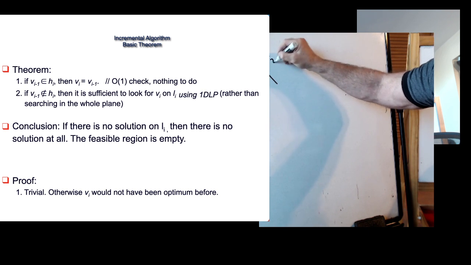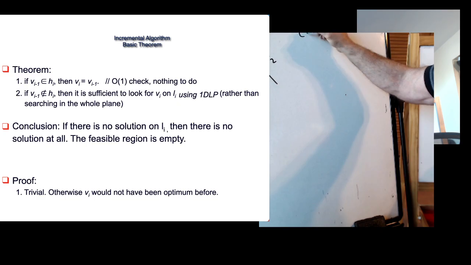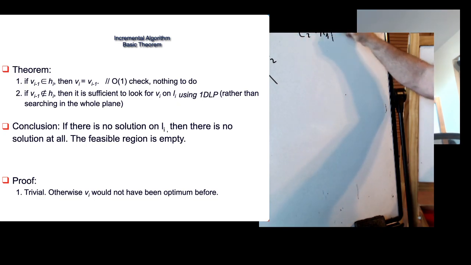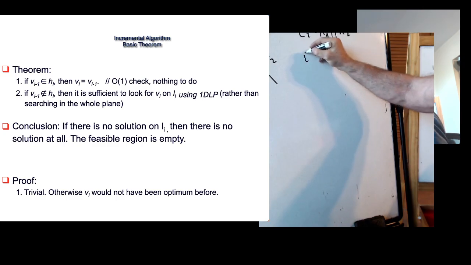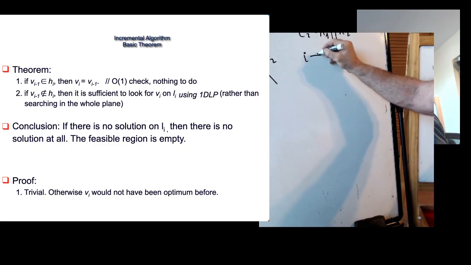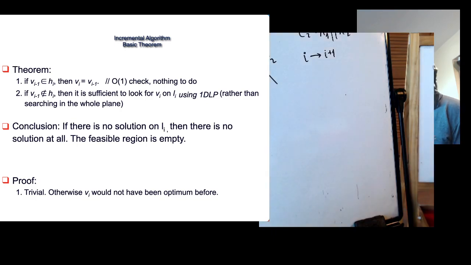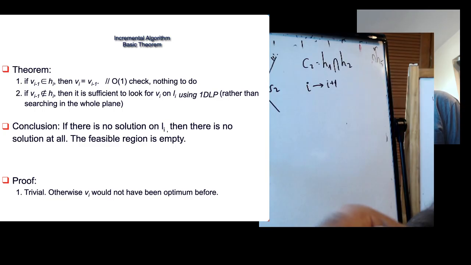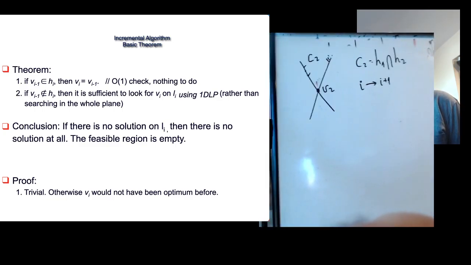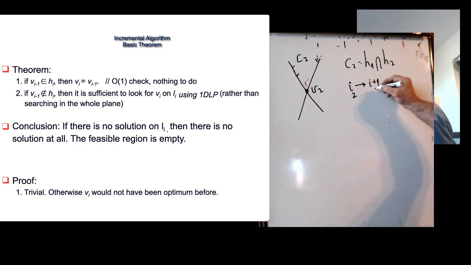Here is v2, here is C2. C2 is the intersection of H1 intersected with H2. And now I'm going to move from the case of i to i plus 1. I'm going to add one half plane, and I want to see how this one half plane changes my solution. Again, I'm moving now from 2 to 3. I used to be 2, now i is 3.